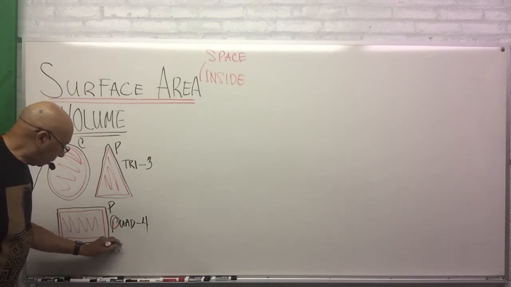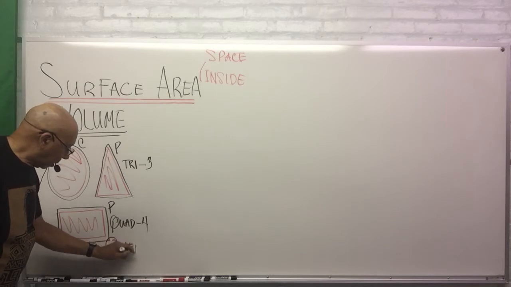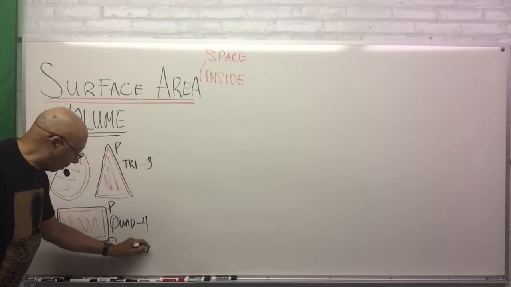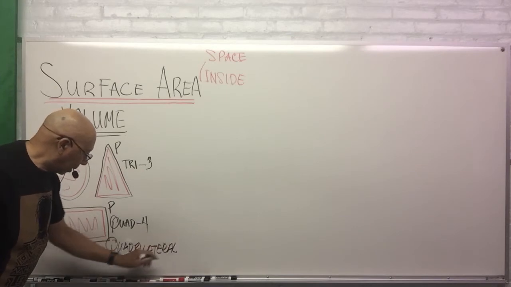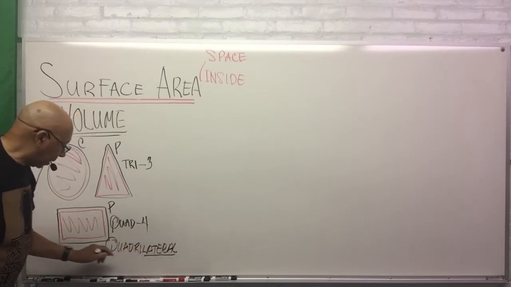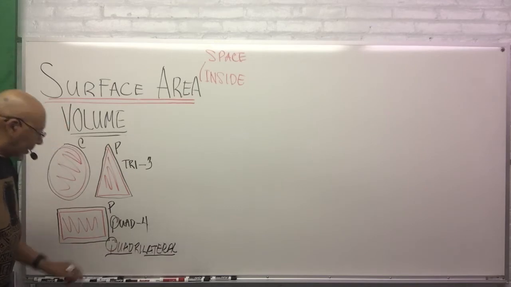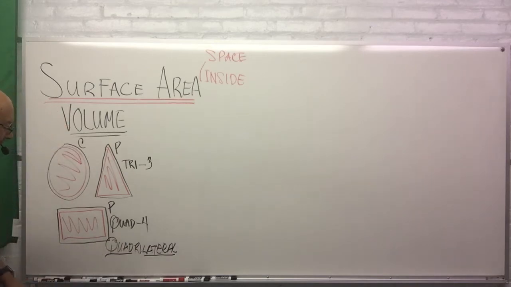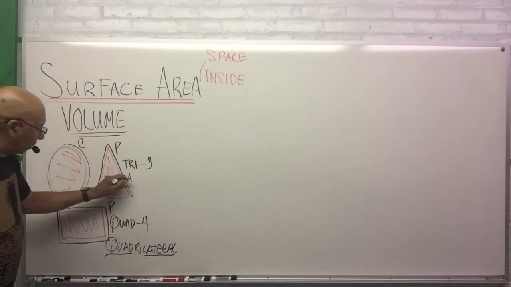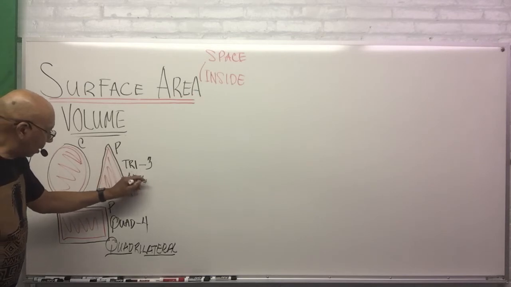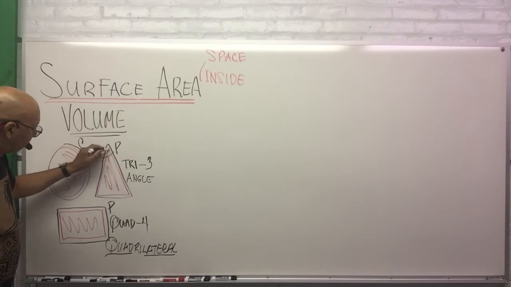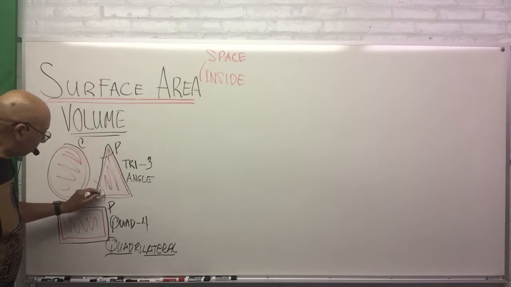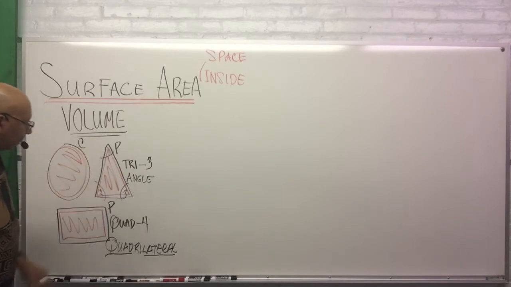So quadrilateral, quad, Q-U-A-D, R-I lateral, L-A-T-E-R-A-L. See, lateral means sides, and quad means 4. So triangle, A-N-G-L-E, means 3 angles: 1, 2, 3.